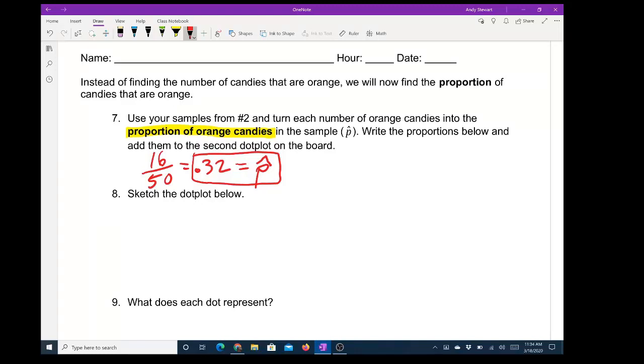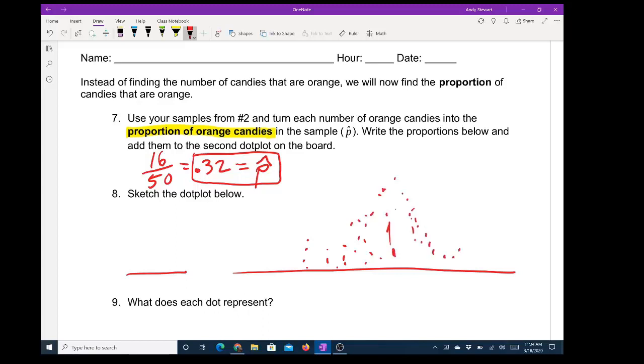So what it will do is, let's say on the right, this was our original dot plot. Okay, and I'm going to try to make it look a little bit normal with a peak and then coming down. If we take each of those points, remember this is centered around 20. If we divide everything by 50, what that's going to do is transform them into a smaller version.